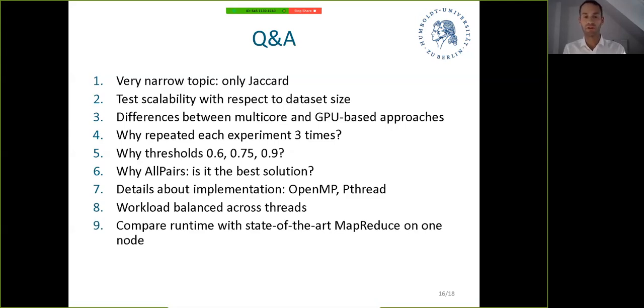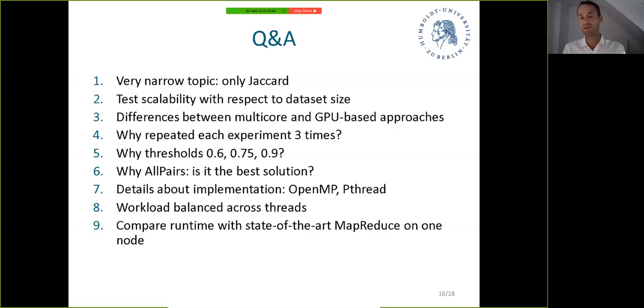Compare the runtime with state-of-the-art MapReduce on one node. So I think the intention here is to run a state-of-the-art MapReduce set similarity join and run a couple of executors on one node. Well, first of all, the study from 2018 suggests that this will not be very efficient because of the data replication.